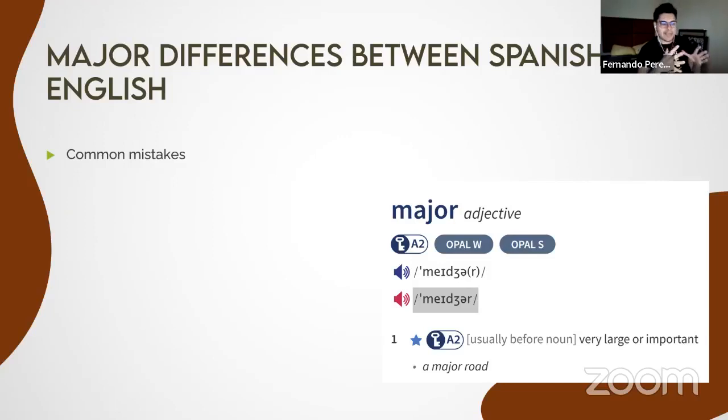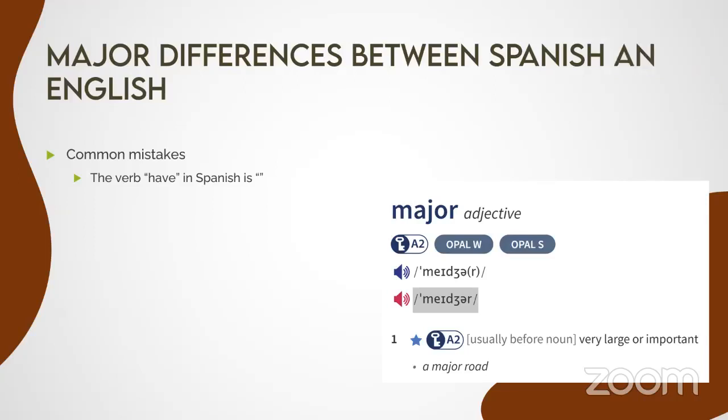words that exist in English. For example, the verb have, right? The verb have in Spanish is tener, perfect, right?